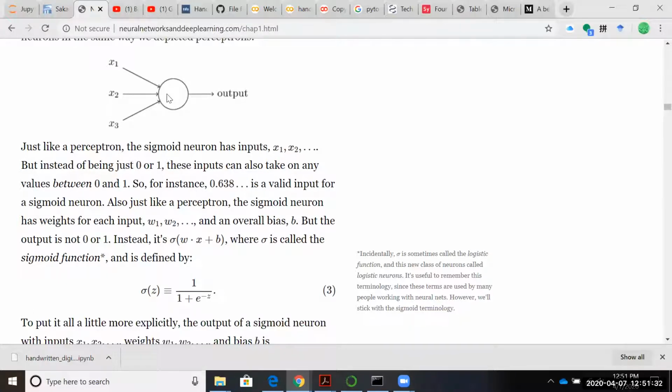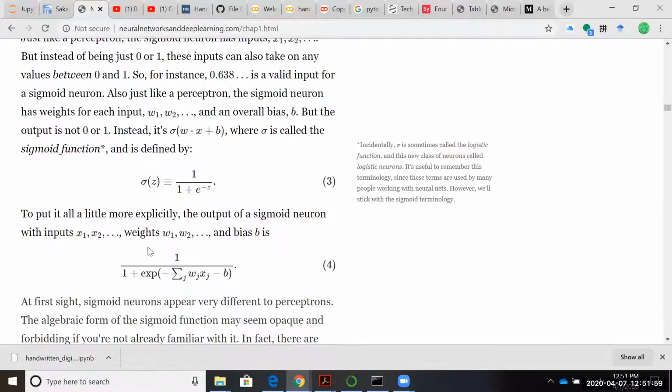The simple thing is some kind of linear weighted sum of this input with a bias factor. That's what I just showed you a minute ago. And what it does is, instead of doing a binary output of 0, 1, it gives you a continuous variable, and this continuous function is generically called the sigmoid function, which is given by this.